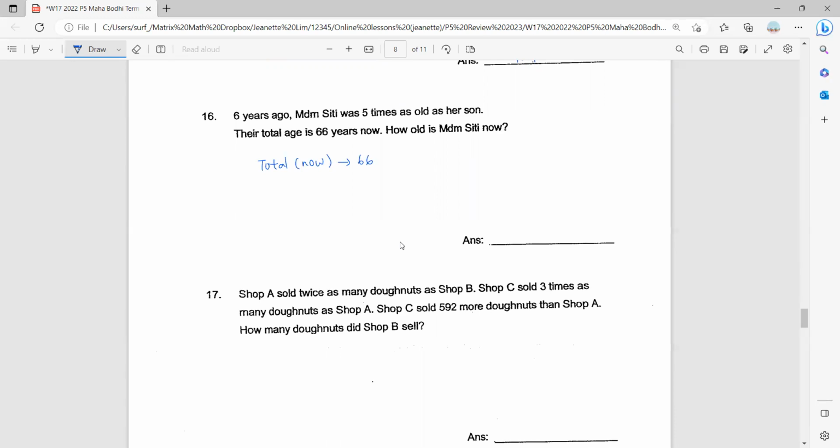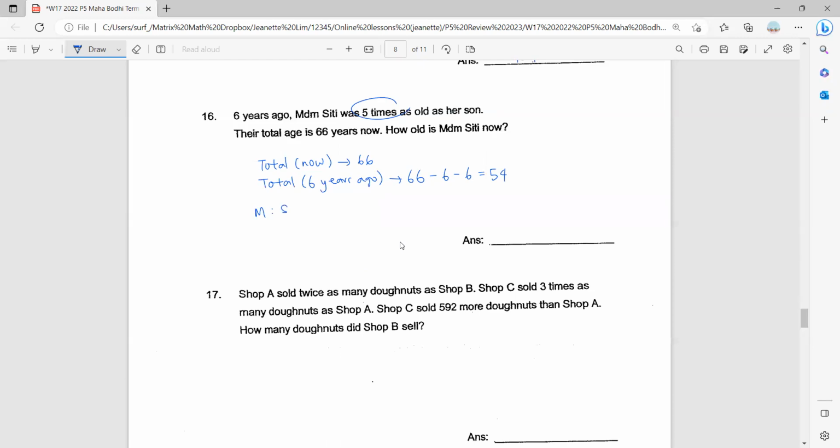So what is the total 6 years ago? So we have to take 66 minus 6 two times because there are 2 people. 66 minus 6 is 60. 60 minus 6 is 54. So 54 years is the total, and Madam City to son is 5 to 1.